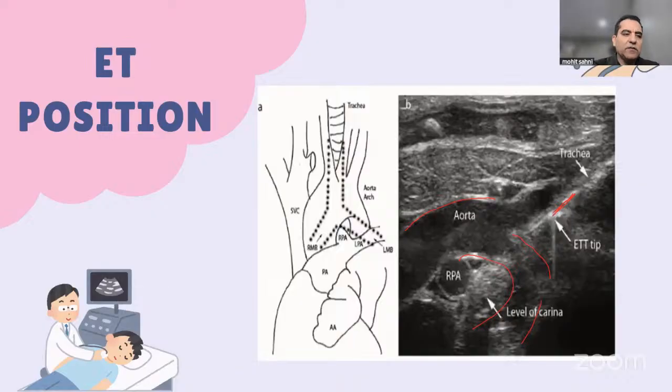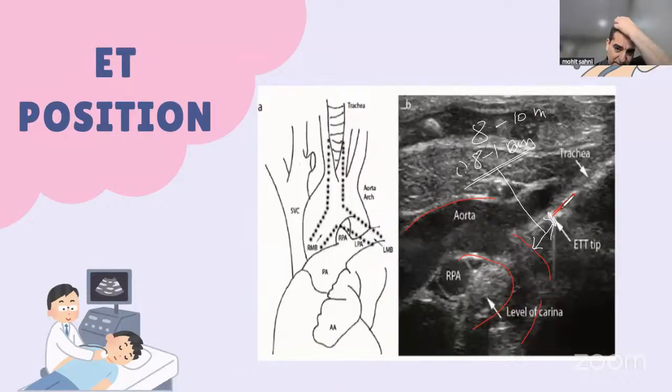The distance between the ET tip and the outer boundary of the aorta should be 0.8 to 1 centimeters, 8 to 10 millimeters.